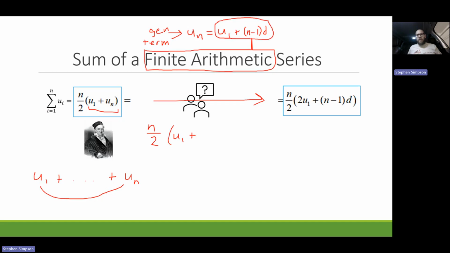And u sub n, for an arithmetic series, is always equivalent to the first term plus n minus 1 times d. There's a plus in there. And if I combine my like terms, there are 2 u sub 1s, and I get this formula.